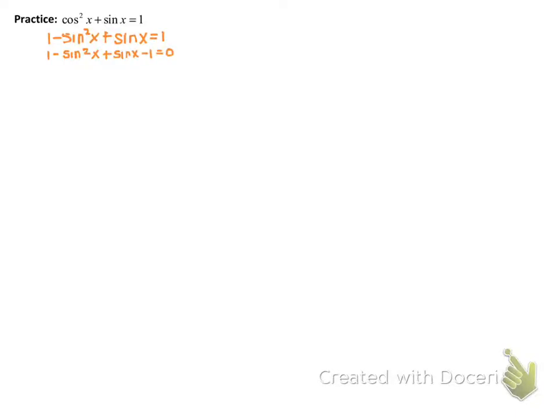So my 1's subtract, and I have negative sine squared x plus sine x. So now I can take a GCF out of negative sine x, and then I'm left with sine x minus 1.